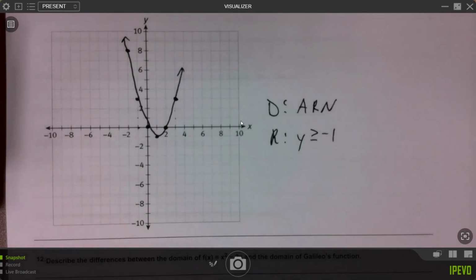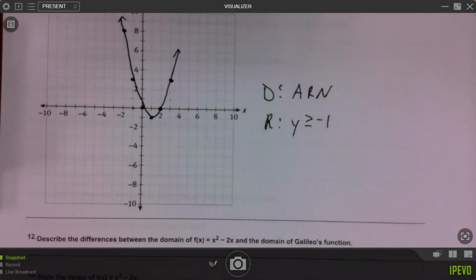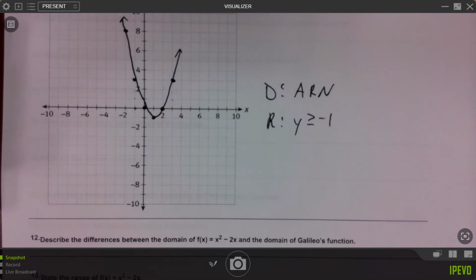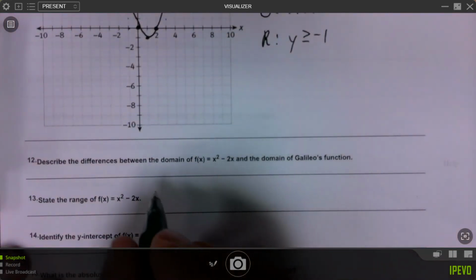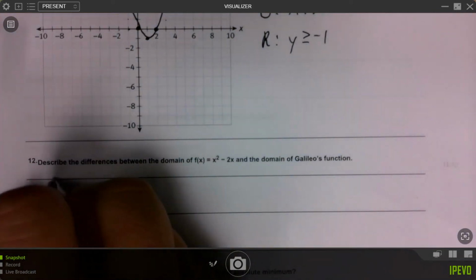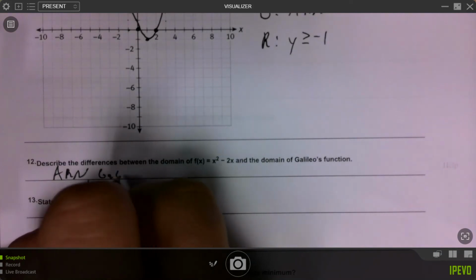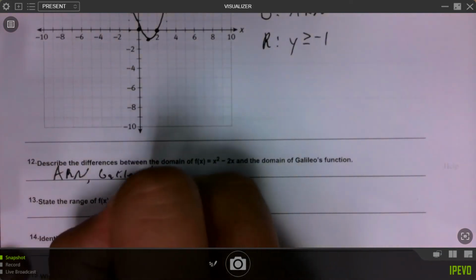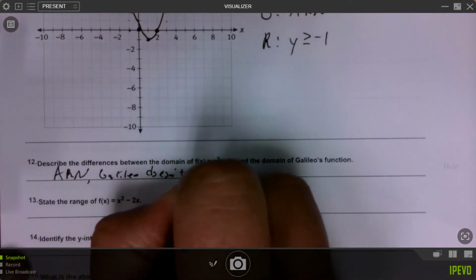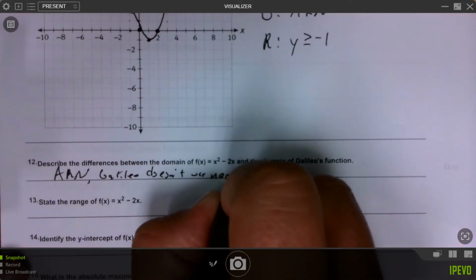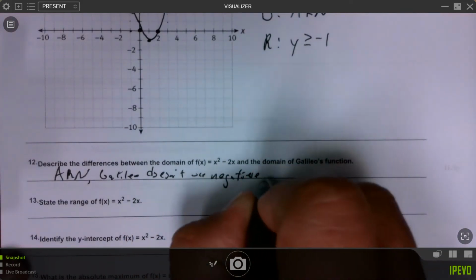Okay, so if I'm asking what's the difference between the domain from here and the real world, I could put, keep it simple, this has all real numbers, and Galileo doesn't use negative values.